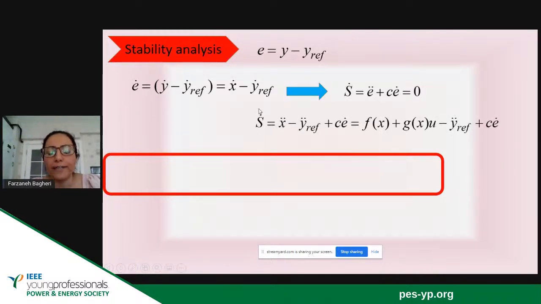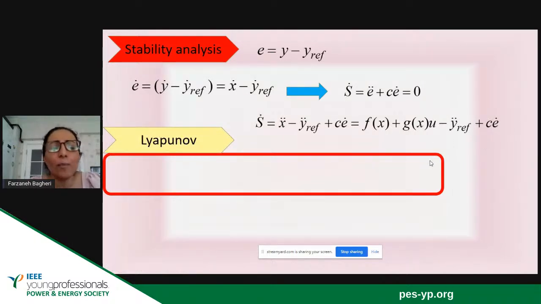So if I find the derivative of s, it is equal to the second derivative of e. The second derivative of e can be found from this equation: second derivative of x minus second derivative of y ref plus c e dot. You can substitute the values from the equation. For example, the second derivative of x is f plus g times u, minus y double dot ref plus c e dot. So what is the stability analysis?